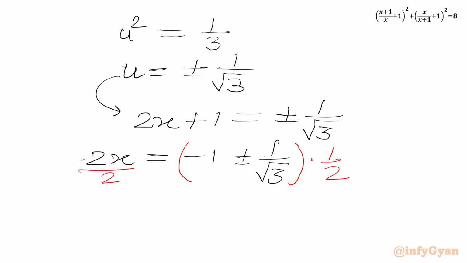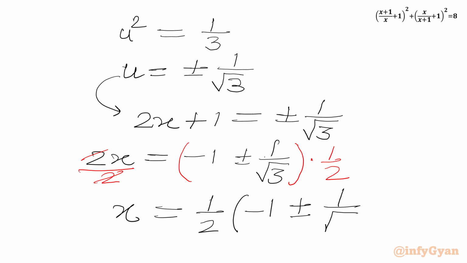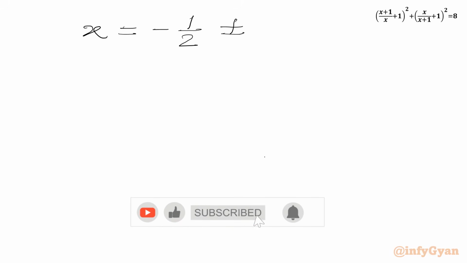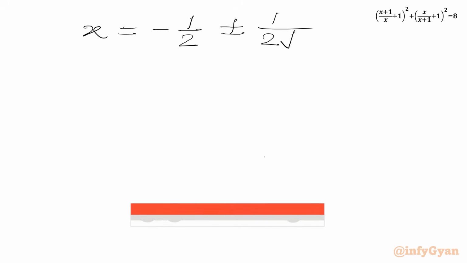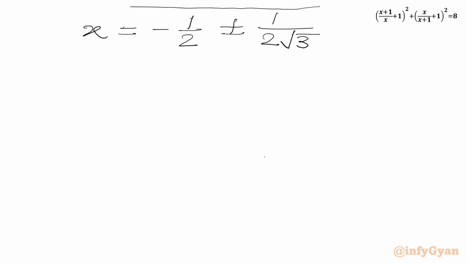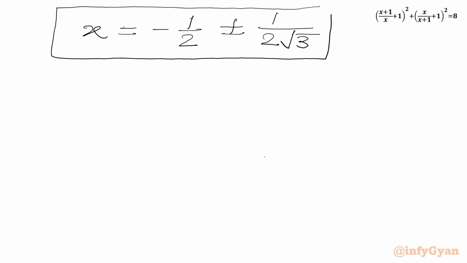So 2 over 2 will get over, and we are going to get our real solutions. X will be equal to half times (minus 1 plus minus 1 over square root 3). Now we can multiply half in the bracket and we will write x equal to minus 1 over 2 plus minus 1 over 2 square root 3. So we have two real values of x which will satisfy our rational equation written over here.